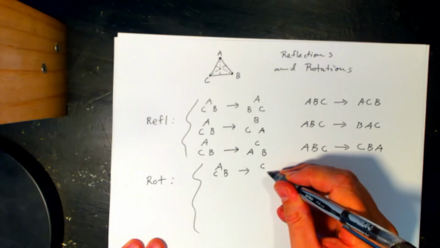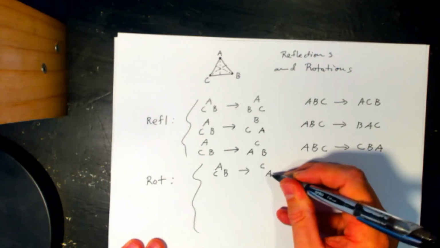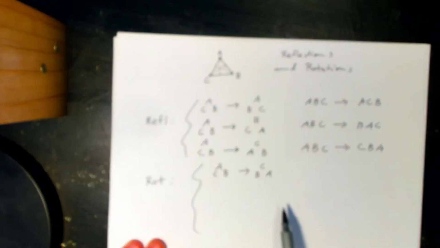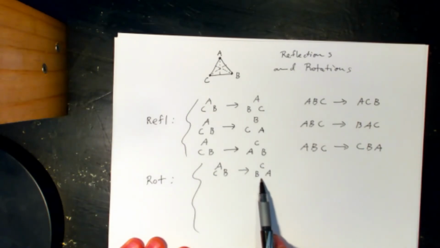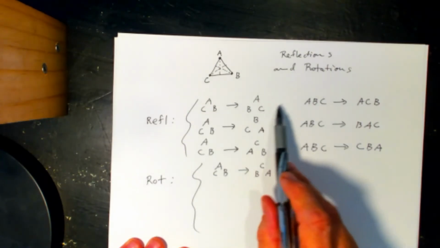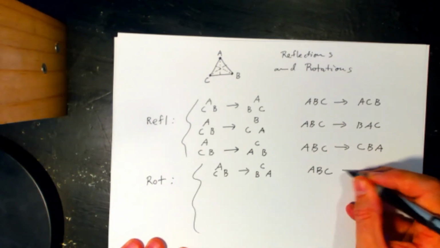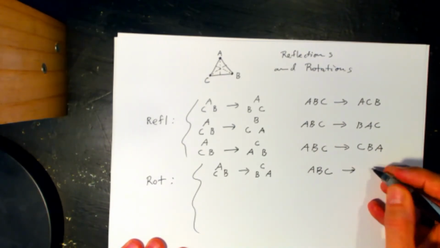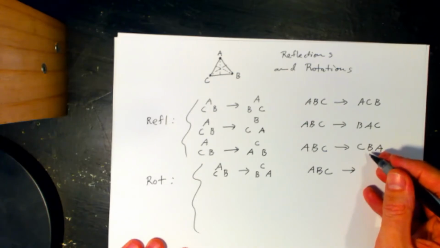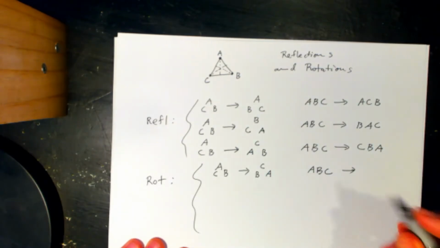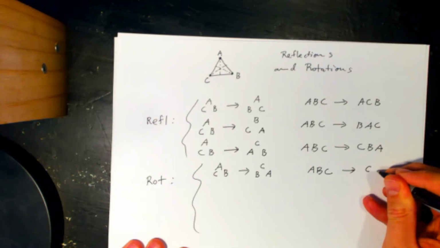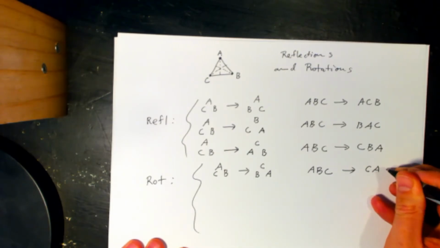Let's say the A goes down here, and then the B goes down here. Okay, now that's not the same as those, right? So now this one is A, B, C going to, in this convention here, I've written the top one happening first, right? So the C, then the A, then the B.